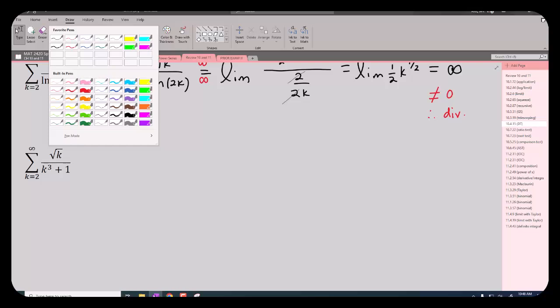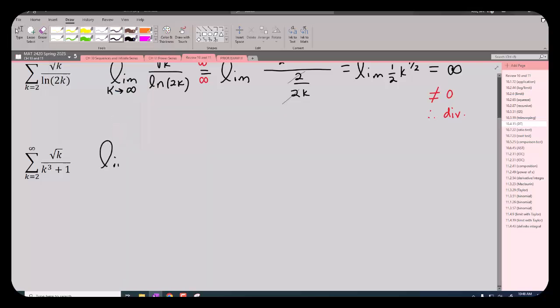This one, same process. In our minds, we know that the limit of this is 0, but if we're asked to apply the divergence test, we've got to do some math. So there's a few ways that you can get at this.